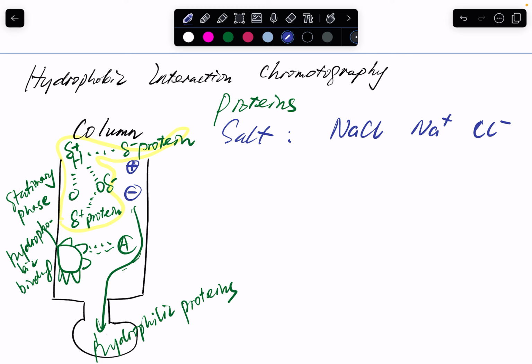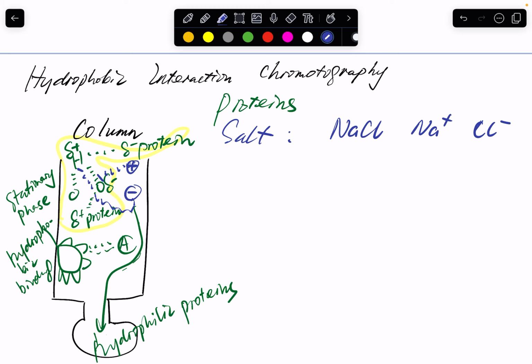My partial negative oxygen would want to bind to this cation. My partial positive hydrogen is going to ditch this partial negative protein part and bind to the negative anion.